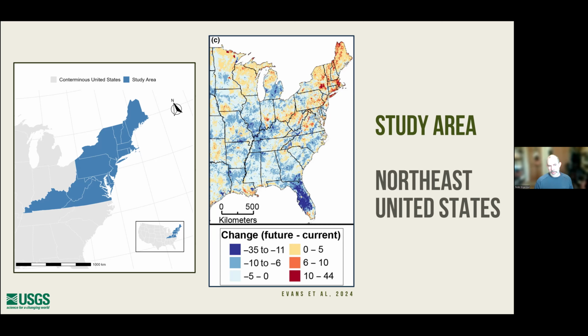Primarily, this work has been done with terrestrial species, at least across large numbers of species or multi-taxa studies. And so this work is hopefully filling in this gap, including lots of freshwater species with a similar approach.